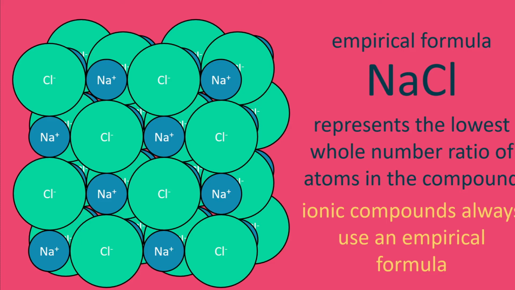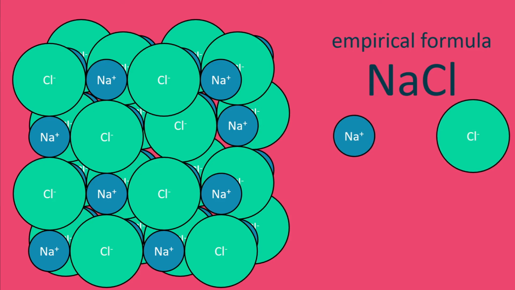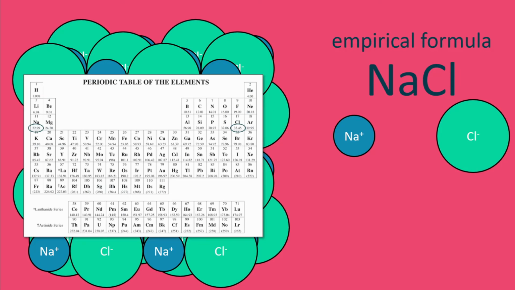using an empirical formula. Now, if we want to take the percent mass of each of the components of this sodium chloride, we can pull those apart. We can look at our periodic table and find the molar mass. This is going to be in either AMUs or grams per mole. The number's the same, so we can use that for either unit.